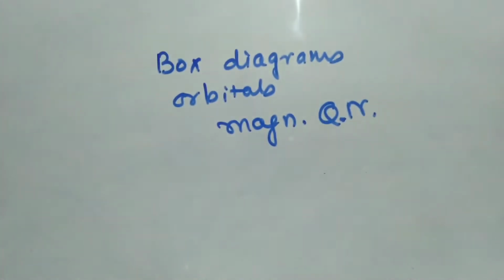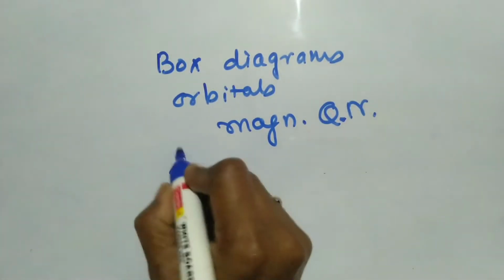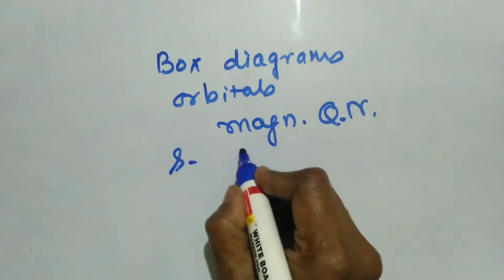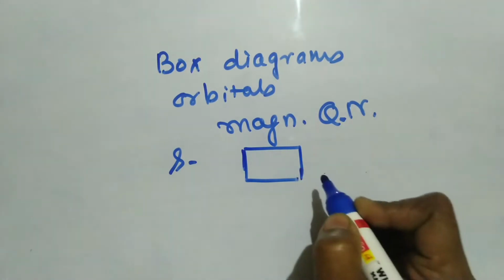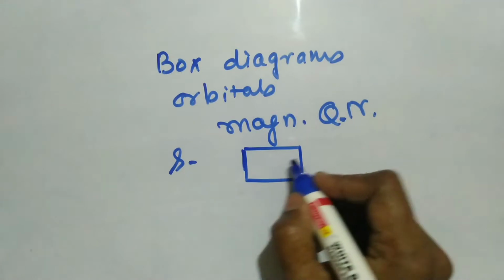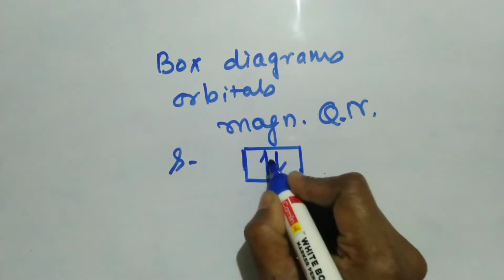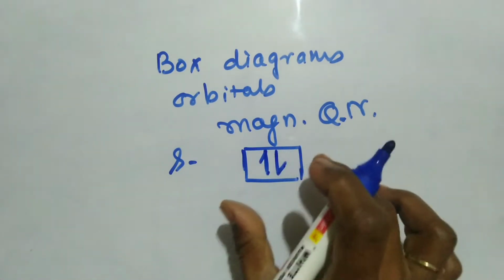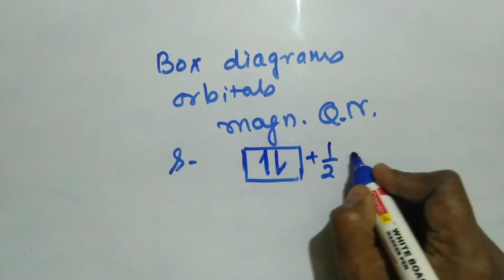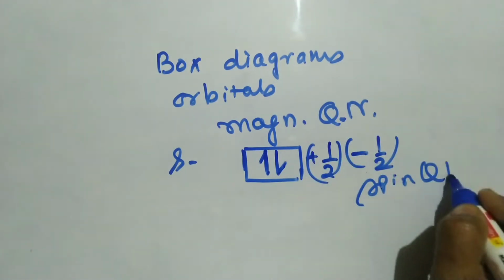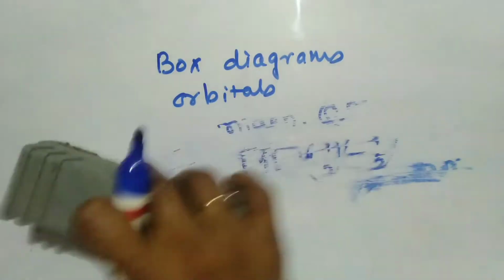For example, the s orbital or subshell has only one orientation, so it is represented by a single box where both the electrons are accommodated with opposite spin, and the electrons are represented by arrows. So this one clockwise, the other anti-clockwise, opposite spin, which is represented by plus half or minus half as per the spin quantum numbers.